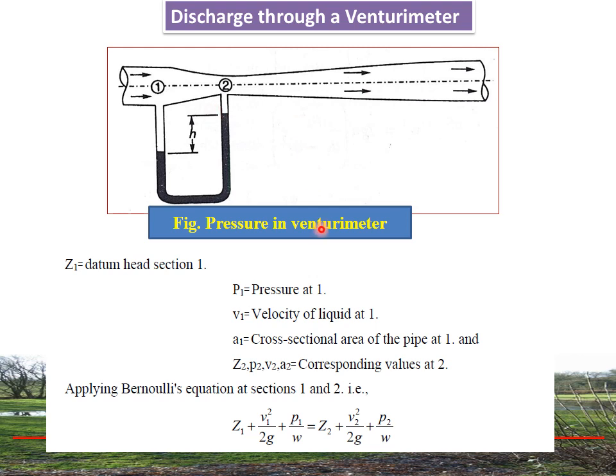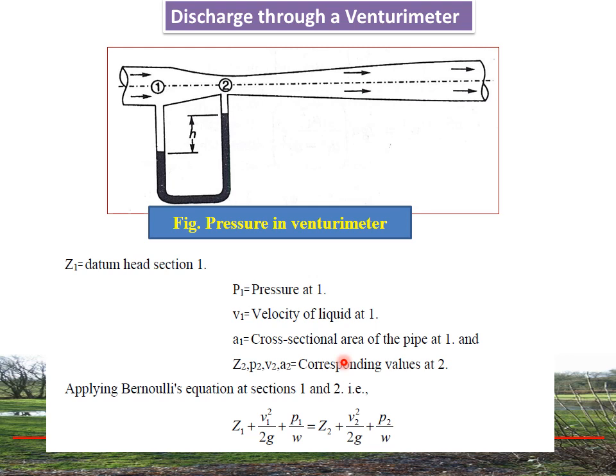Let Z2, P2, V2, A2 be the corresponding values at section 2. Let us assume there is no loss of energy and apply Bernoulli's equation to sections 1 and 2.